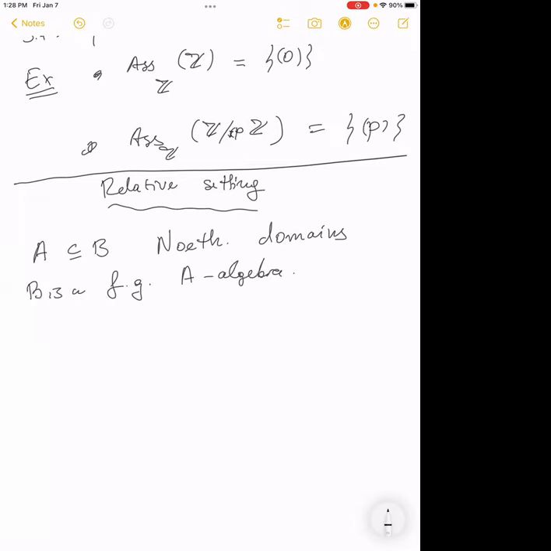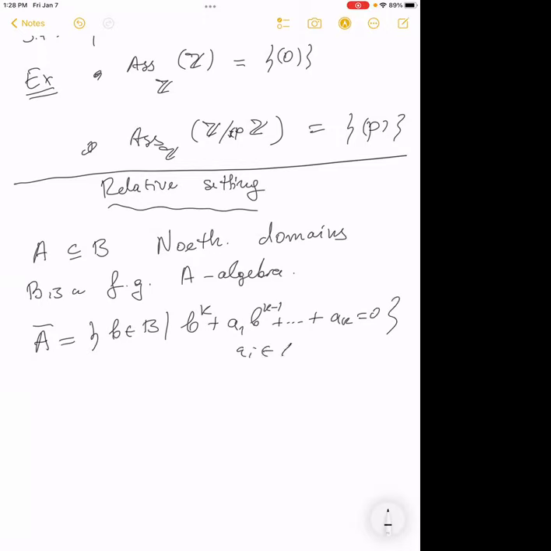So, finitely generated A-algebra. And I'll define the integral closure of A in B, denoted by A bar, in the same fashion. So I'm looking at all elements in B that satisfy an integral relation of this form.